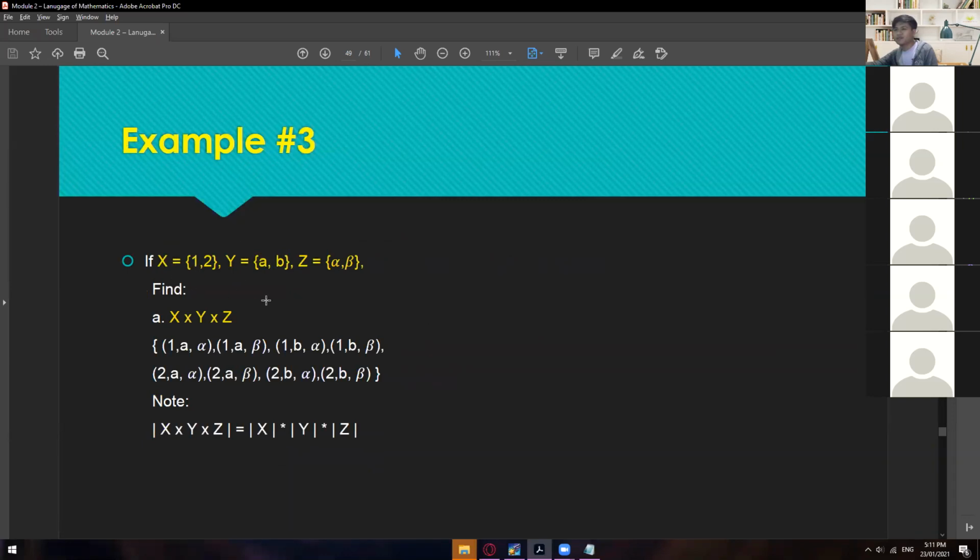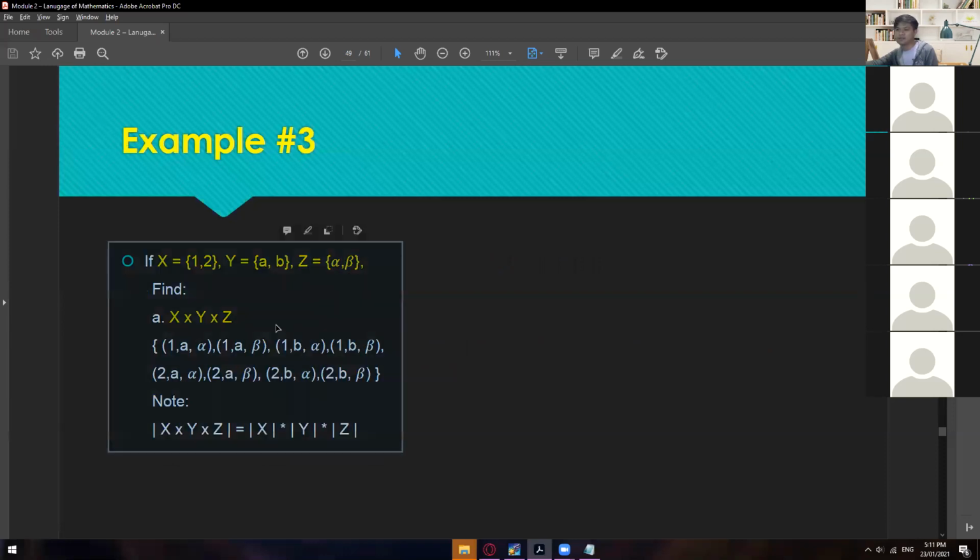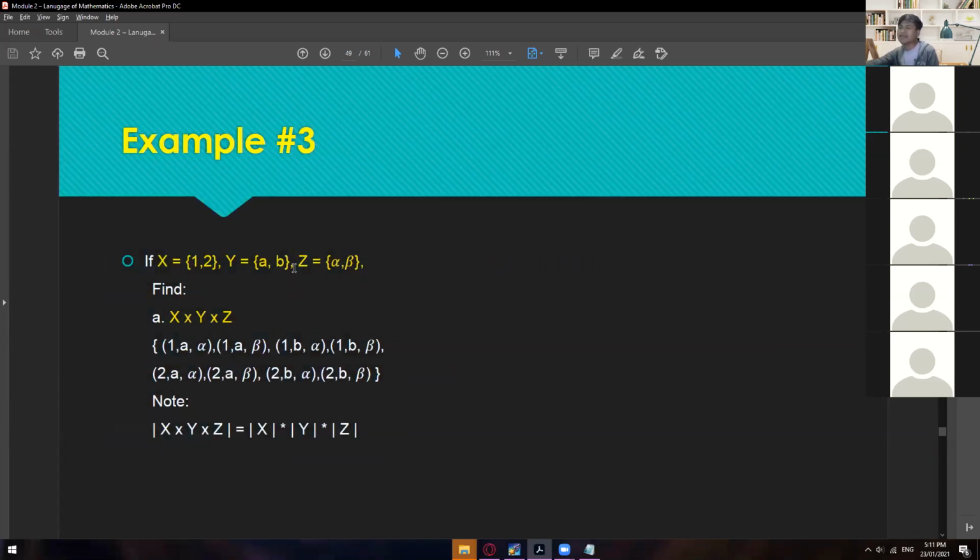And then we have example number 3. Find x times y times z. So where is our x? We have 1, 2. And where is our y? It's A, B. And where is our z? It's alpha and beta. So all you have to do is multiply x to y and then z in all possible combinations. So we have 1a alpha, 1a beta, 1b alpha, 1b beta, 2a alpha, 2a beta, 2b alpha, and 2b beta.